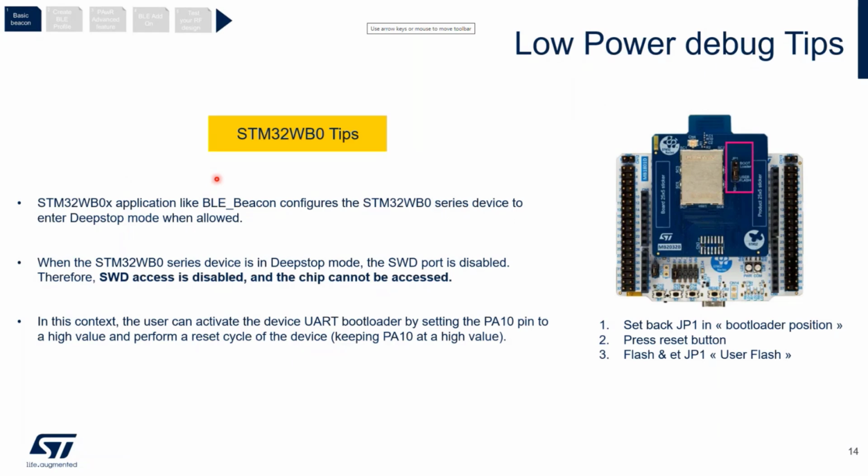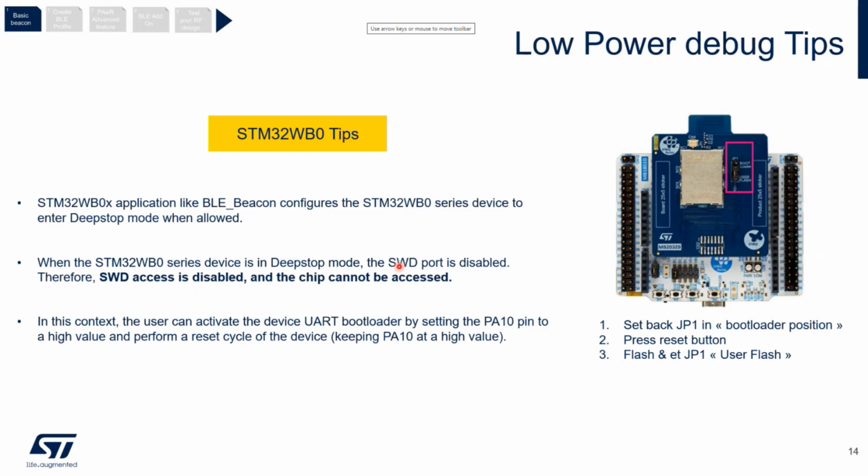Before starting, just a word about some things that you might experience during your prototyping and evaluation regarding WB0. Let's assume you start to play with the WB0 series, you flash an application, and at some point you are no longer able to wake up the device and take control over it with the ST-Link probe. This is expected because WB0 has been really designed for low power optimization.